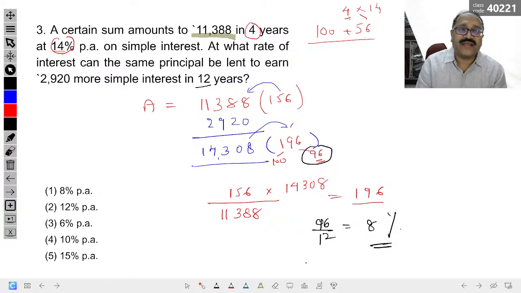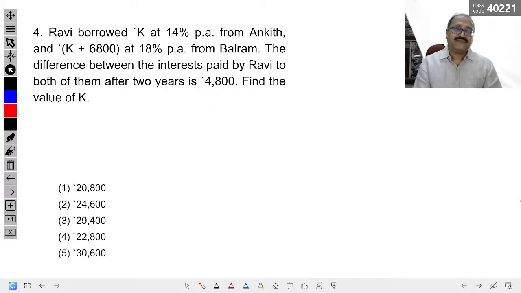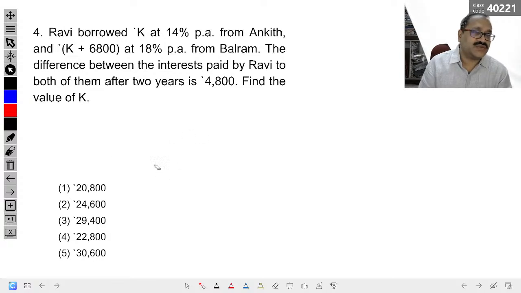Now moving to the next one here. Let's answer this question. Ravi borrowed K rupees at 14% per annum from Ankit and K plus 6,800 at 18% per annum from Balram.